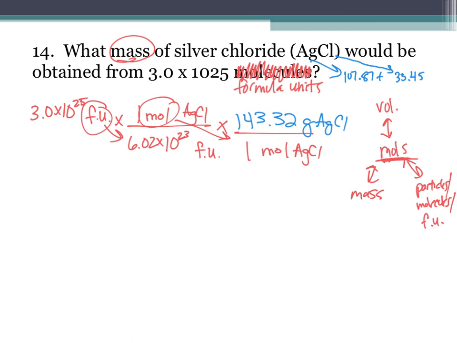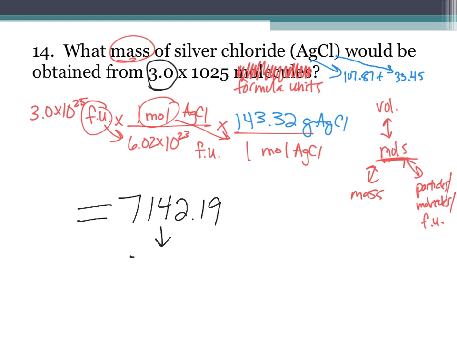So I'm going to go 3.0 times 10 to the 25th times 1 times 143.32, all of that divided by 6.02 times 10 to the 23rd. And our answer comes out to be 7,142.19. But looking back to my problem, my coefficient here only has 2 sig figs, so I need to round my answer to 2 sig figs.